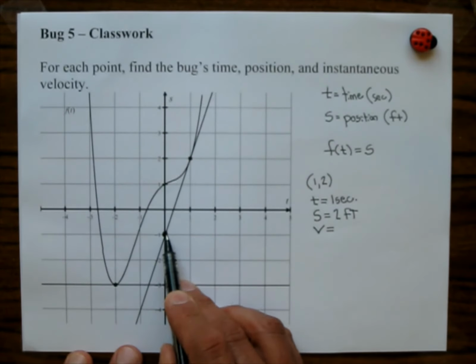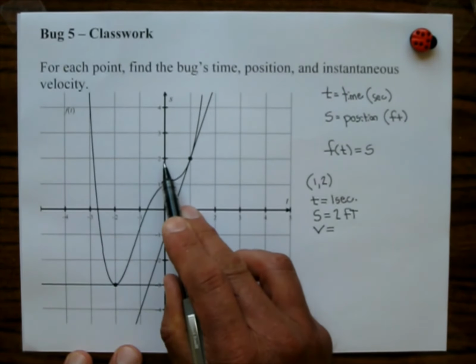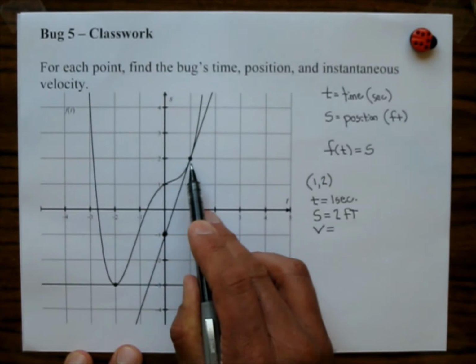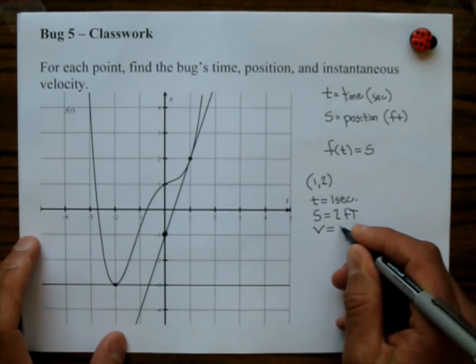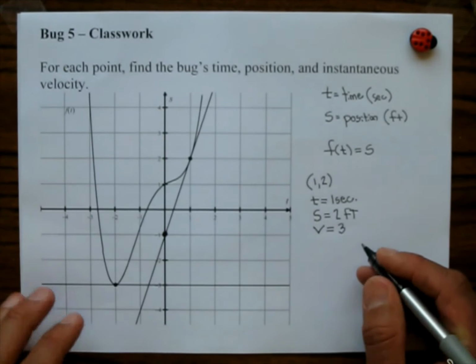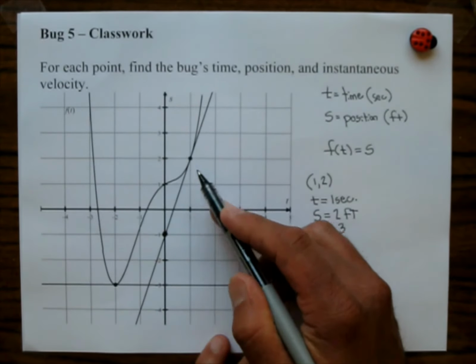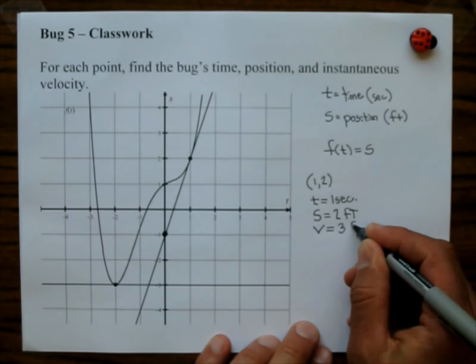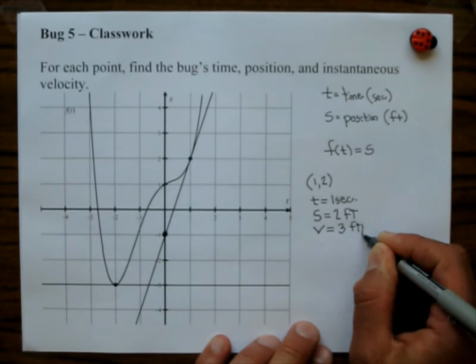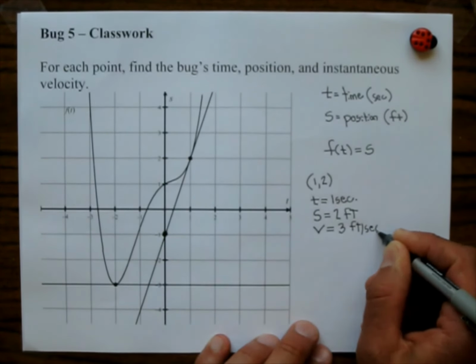So rise 1, 2, 3 over run 1. 3 over 1 is 3. So the instantaneous velocity at this point, 1, 2, is 3 feet per second.